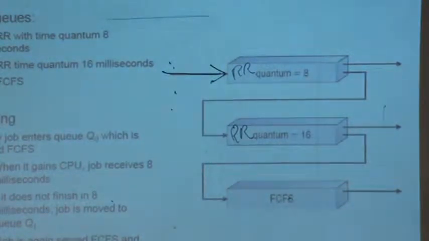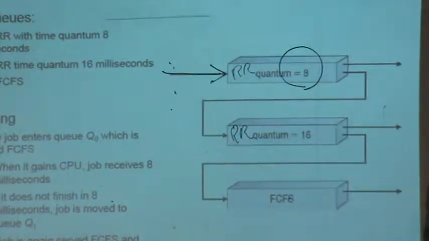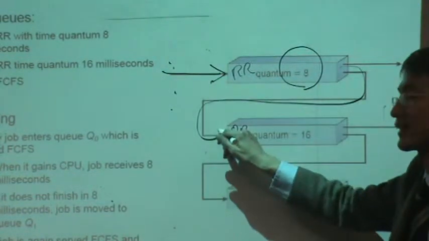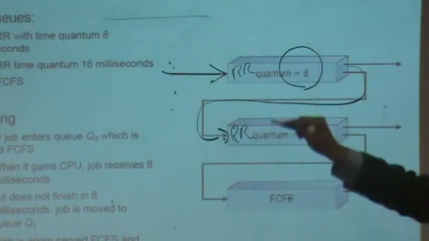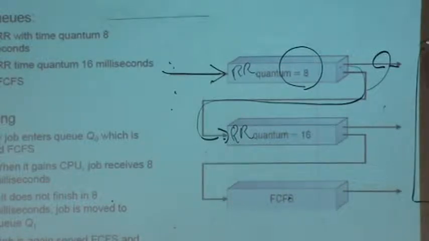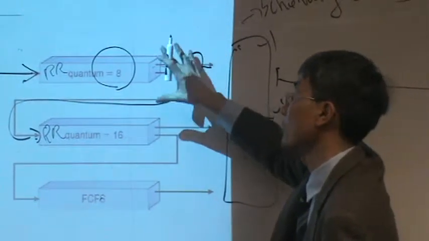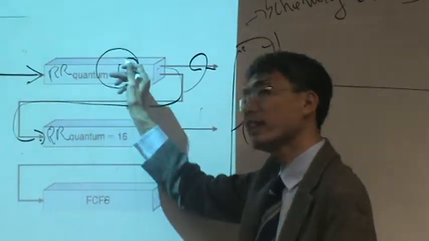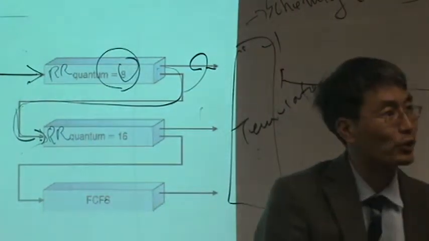Then, if the process is not terminated using one quantum, it will move to the next. Otherwise, if it terminates, it's done. If the process is terminated, which means the CPU burst time is equal to or less than 8, it terminates. Otherwise, it moves to the next queue.